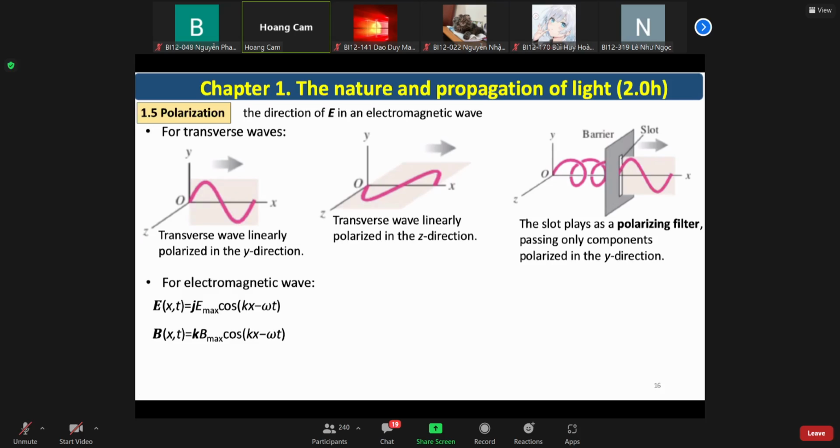So you have the terms i, j, k. You know i, j, k are the unit vectors of the Cartesian coordinate, corresponding to OX, OY, and OZ. So it shows the direction: i along X, j along Y, and k along Z. However, the magnitude of i, j, k is equal to 1.